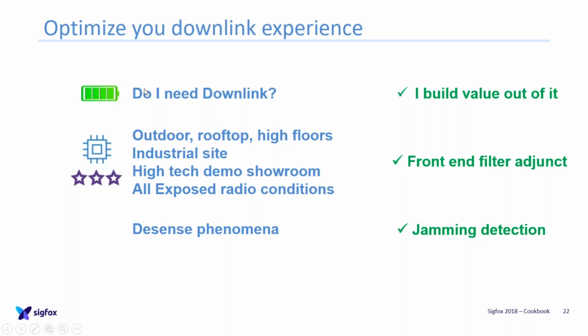Now, the first aspect, I went too fast to the second one. The first aspect is that the downlink feature is good and available and is useful because you need to update your device with parameters from time to time, but it eats up energy. So use it when you need it, but build the value out of it because it will take a portion of your energy budget. So you have to use your energy budget wisely.